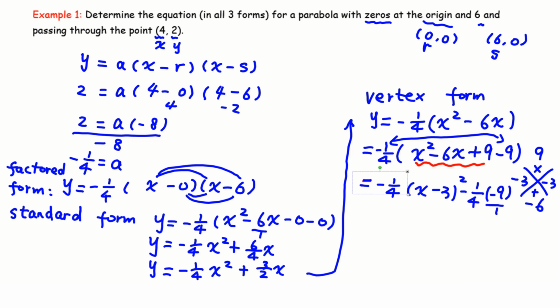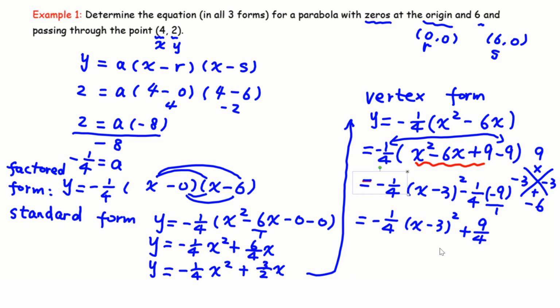This is just negative 1 over 1, so numerator times numerator, denominator times denominator, then you are going to have plus 9 over 4. So this is the vertex form.